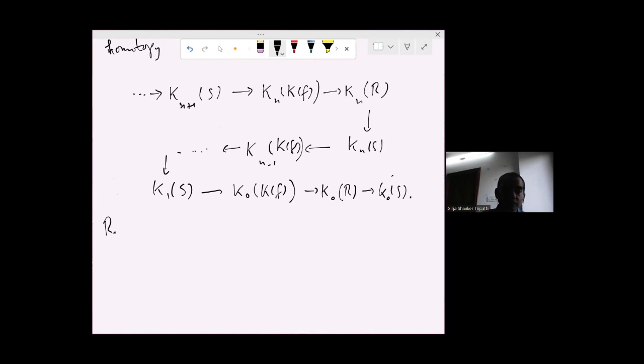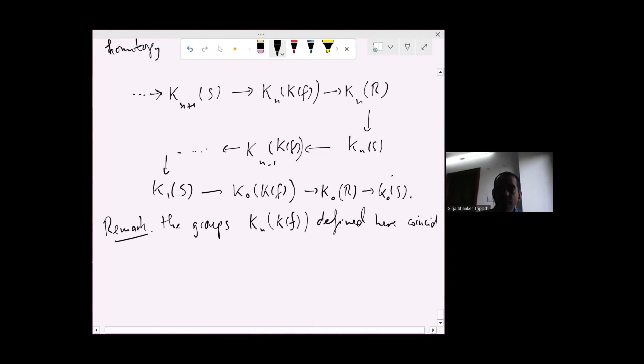It may be remarked that the relative groups defined here coincide with the relative K groups of the kind that have been defined, whenever they are defined, for ideals.